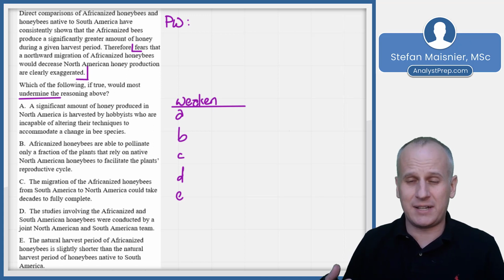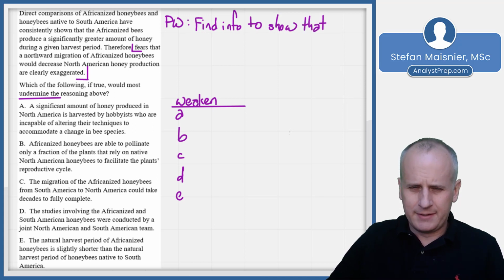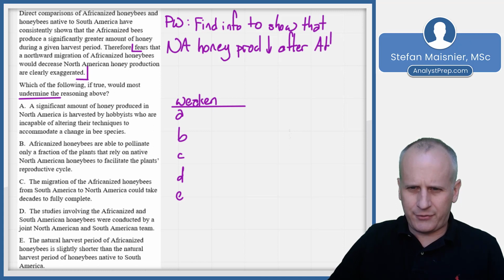And again, if we don't have enough time to produce a more specific prediction, we can just say find info to show that the North American honey prod will go down after we'll say AH for Africanized honeybees migration northward.